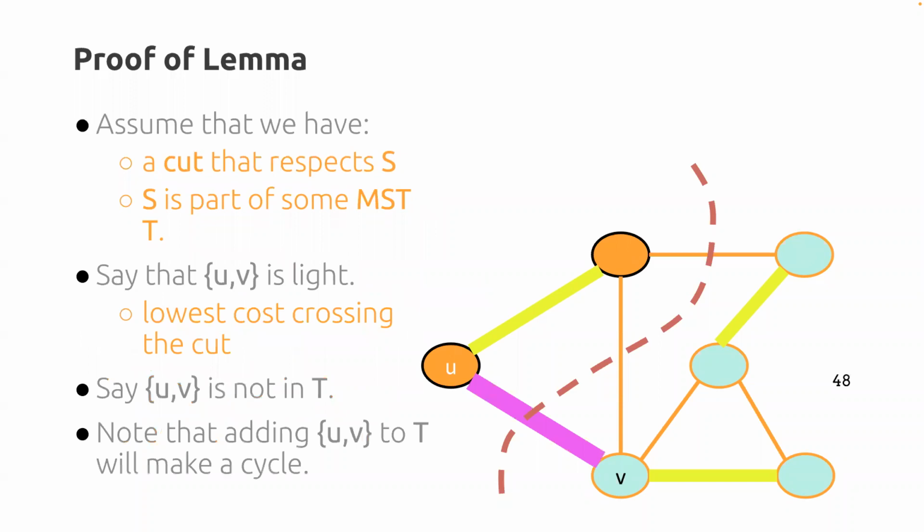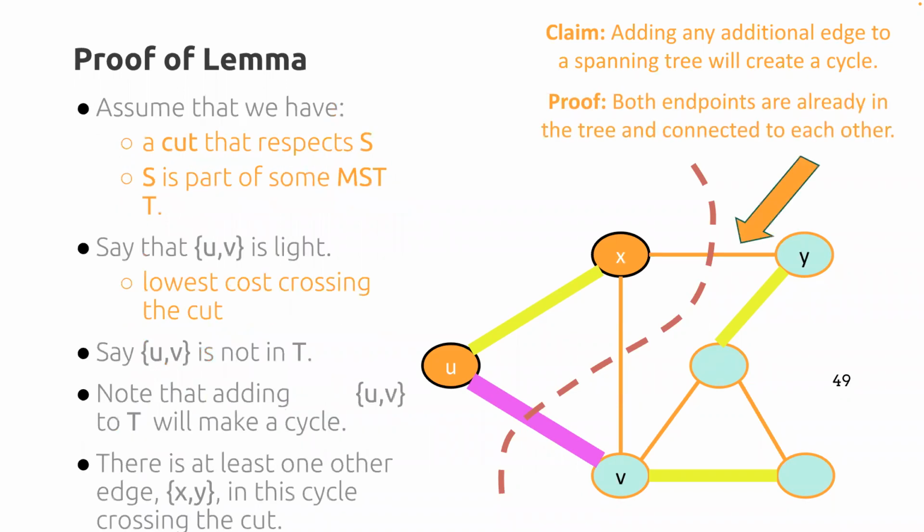Then note that if I add the edge UV to T, it'll make a cycle. Why? Okay, this slide is better. Let's say UV is my light edge, right?